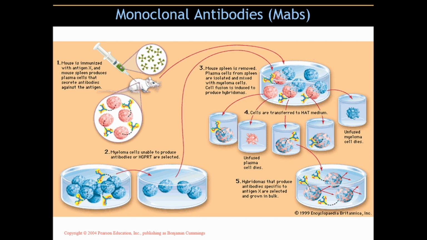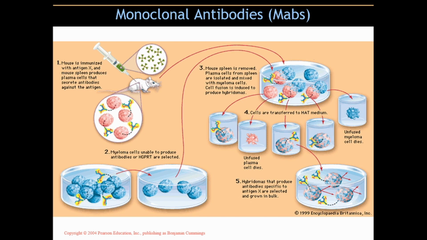The mouse spleen is removed, and the plasma cells from the spleen are isolated and mixed with myeloma cells, the cancerous B cells. Cell fusion is induced to produce what are called hybridomas, and it comes from hybrids, a combination.